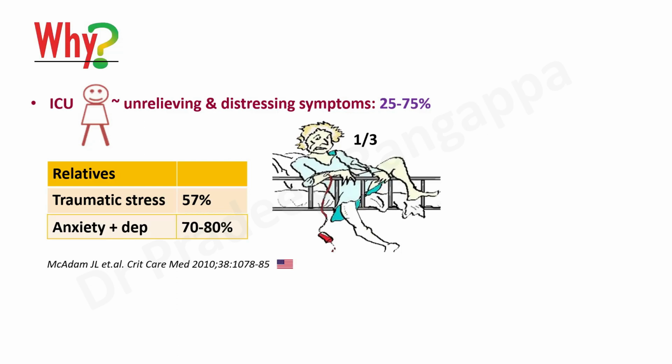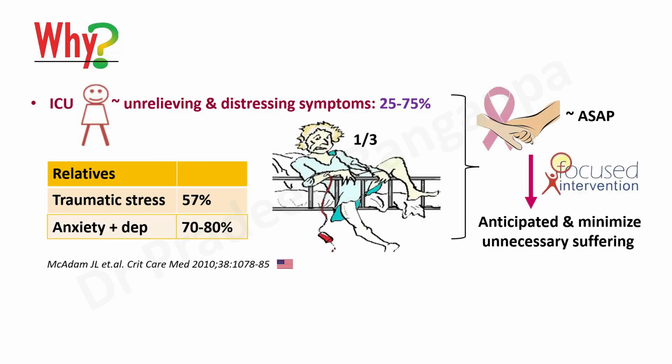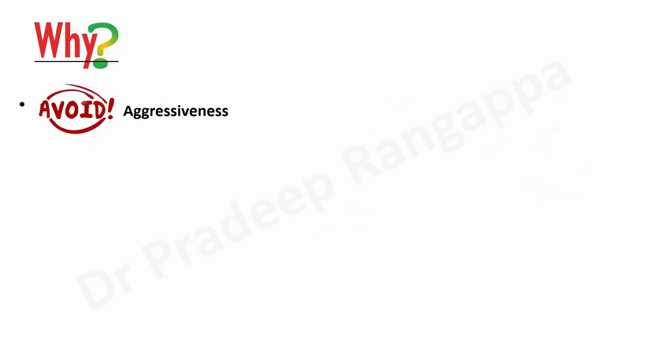This is something important for intensivists to recognize, and this is where the science of palliative care becomes important. When a situation of this nature is there, palliative care science should be adopted as soon as possible with a focused intervention, anticipating the suffering and trying to minimize this unnecessary suffering. That is the whole purpose of palliative care.